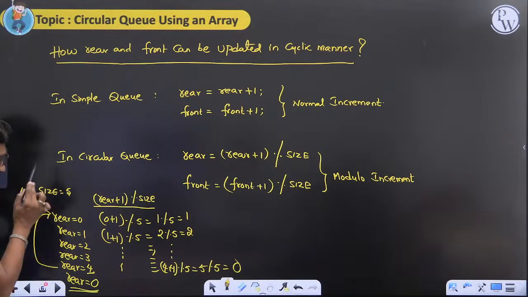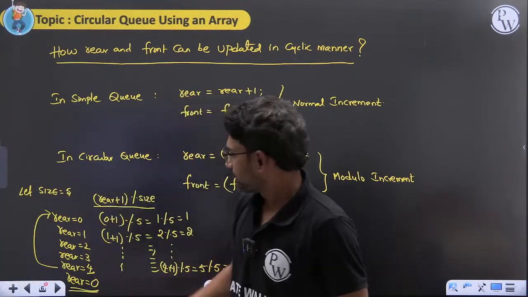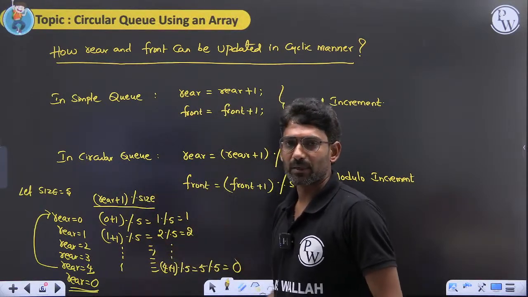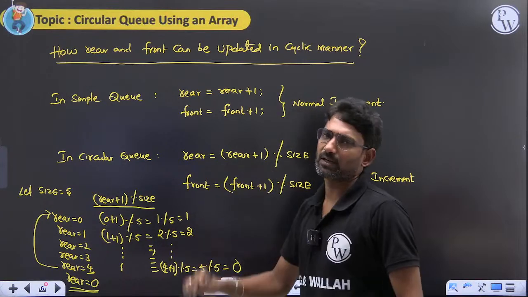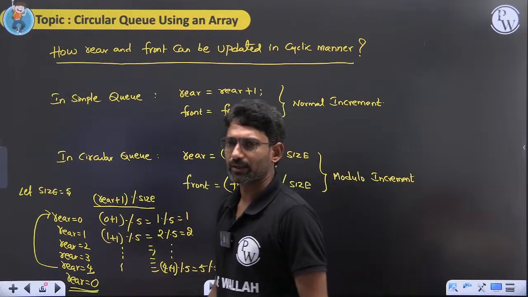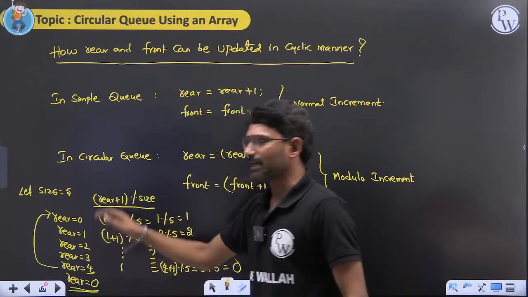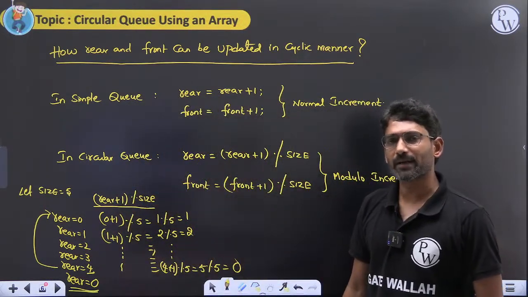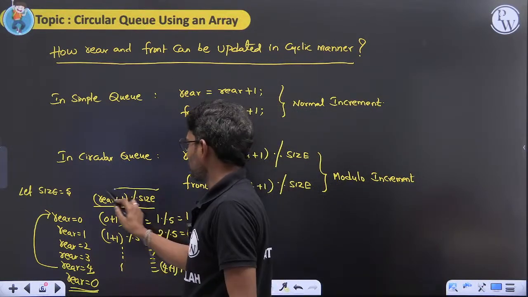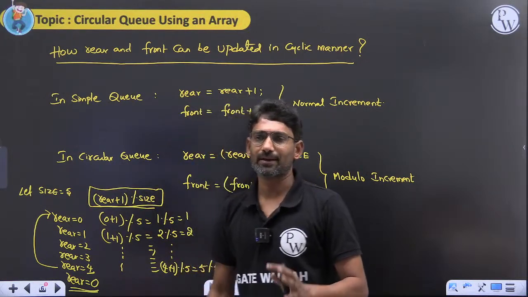That means whatever cyclic update we are expecting, that is happening with this modulo increment. Same case with the front also, because it is a similar operation we are doing. Understood? So whatever cyclic updation we were expecting happens with the modulo increment, but not with the normal regular increment.